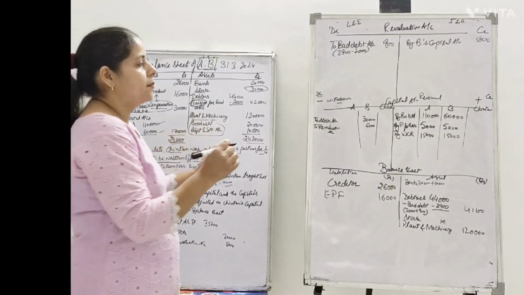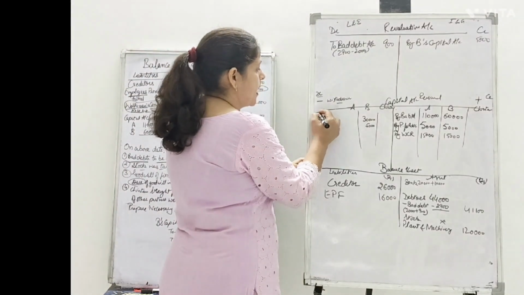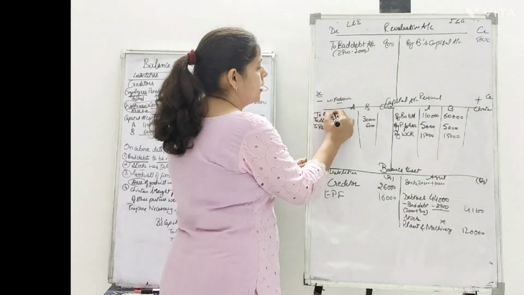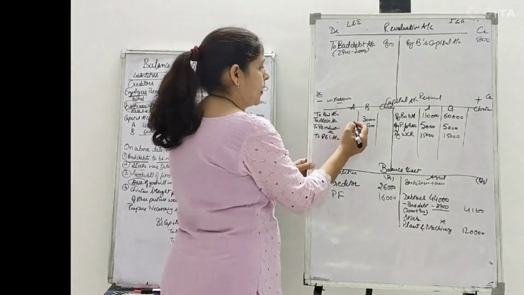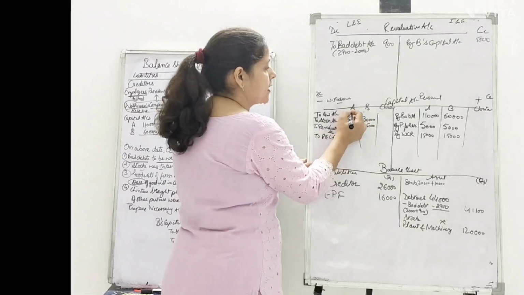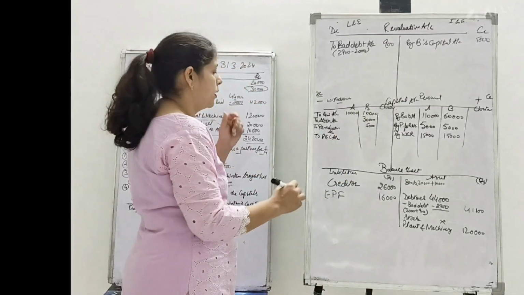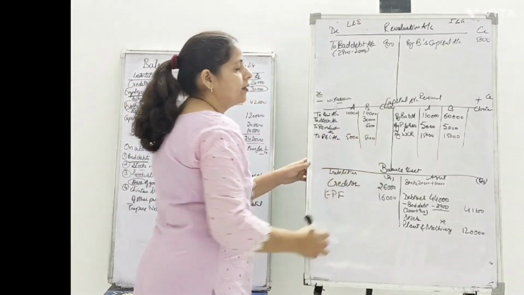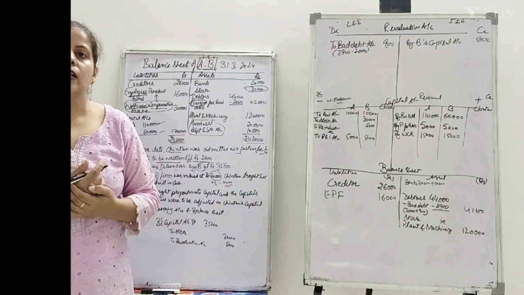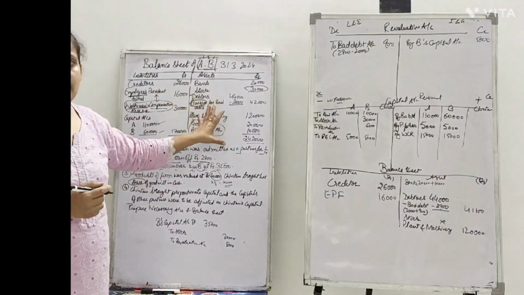So, goodwill account and profit and loss account would also come here. That is with 20,000 given as 10,000 and 10,000, old partners equal. There was profit and loss account with 10,000 given equally to the partners, 5,000 and 5,000 each. So here we are done with the balance sheet.